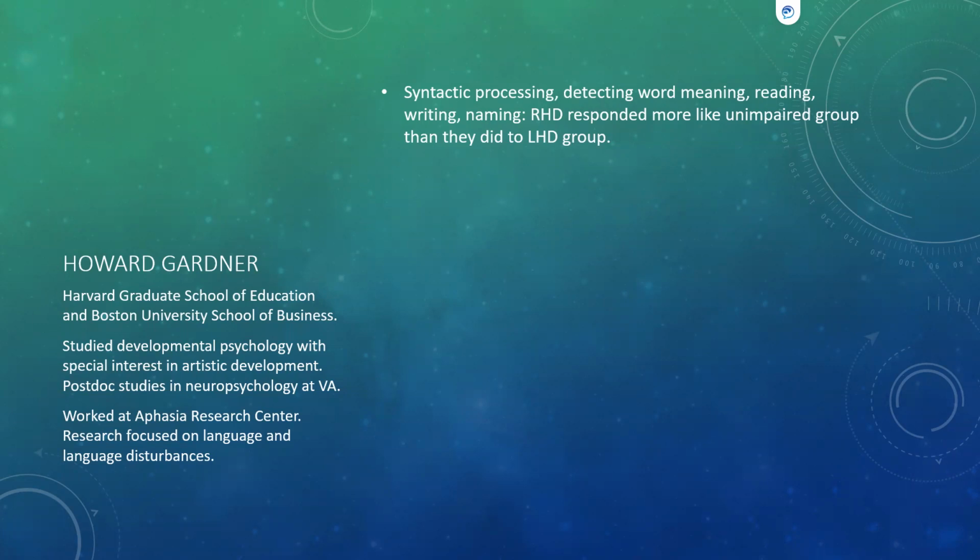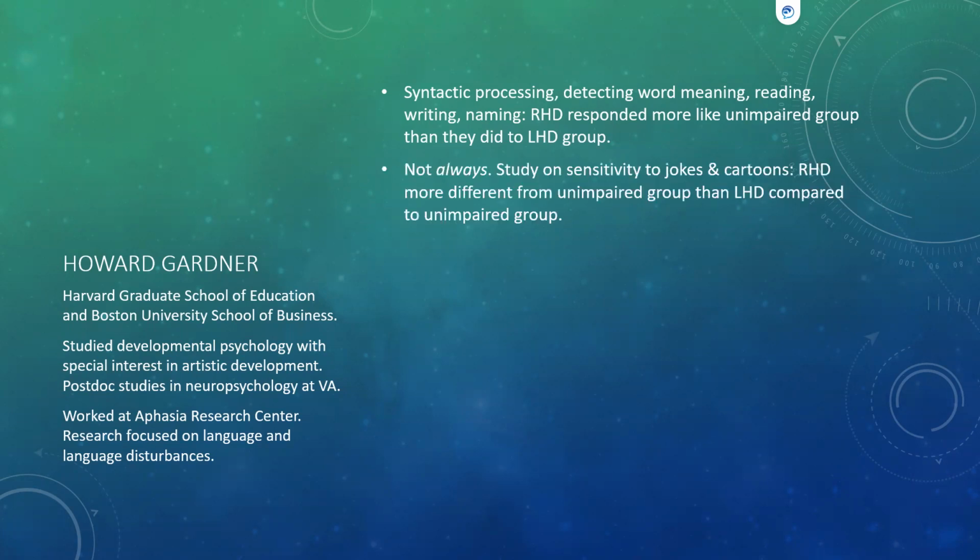When he looked at things like syntactic processing, detecting word meaning, reading, writing, and naming, the right hemisphere group really responded more like the unimpaired group than they did to the left hemisphere group. So they kind of aligned more with the unimpaired group in those areas. They didn't always align more with the unimpaired group.